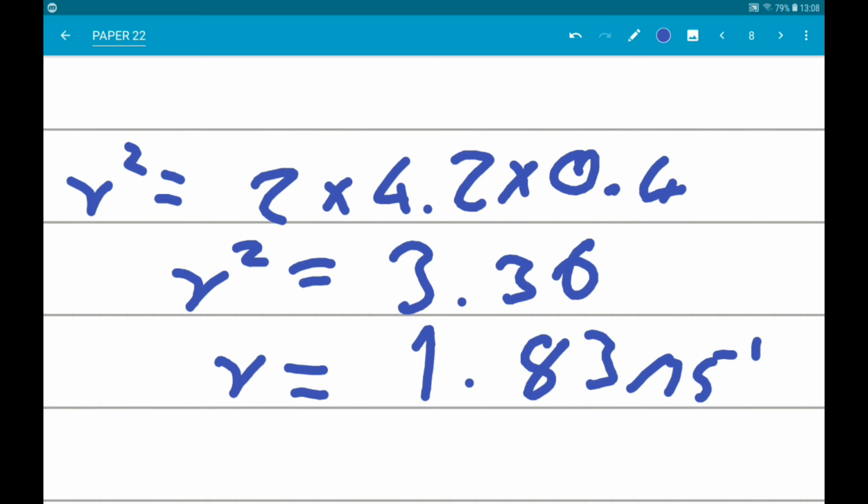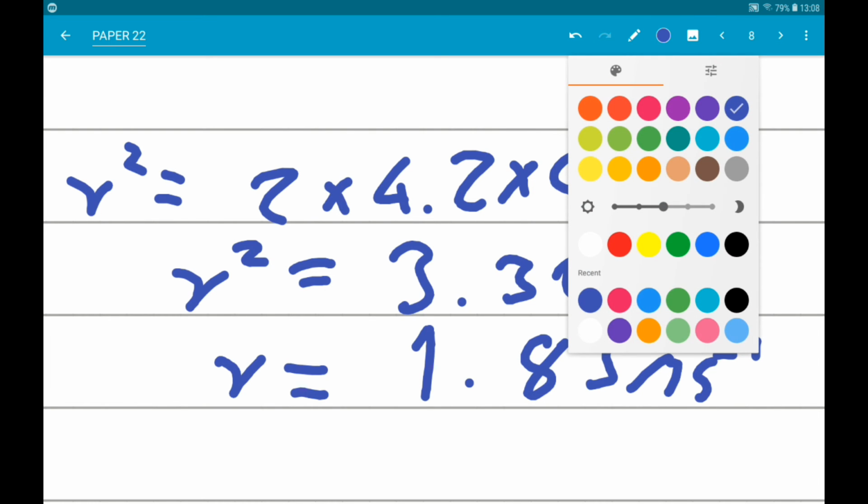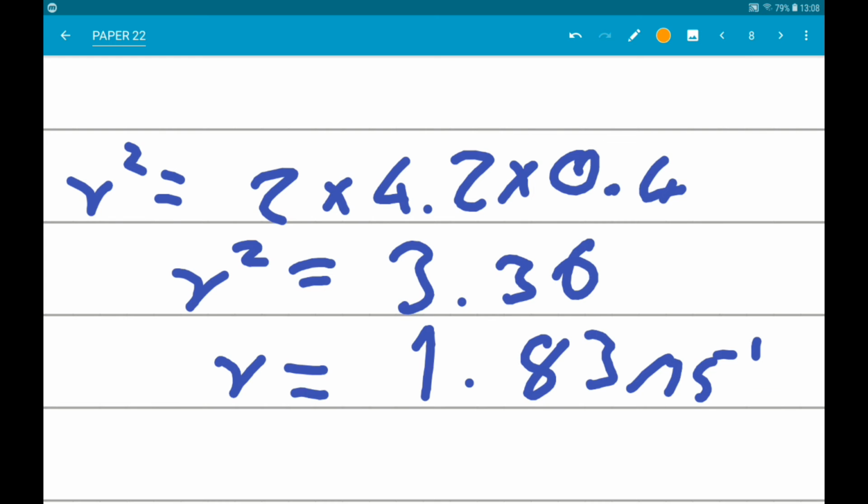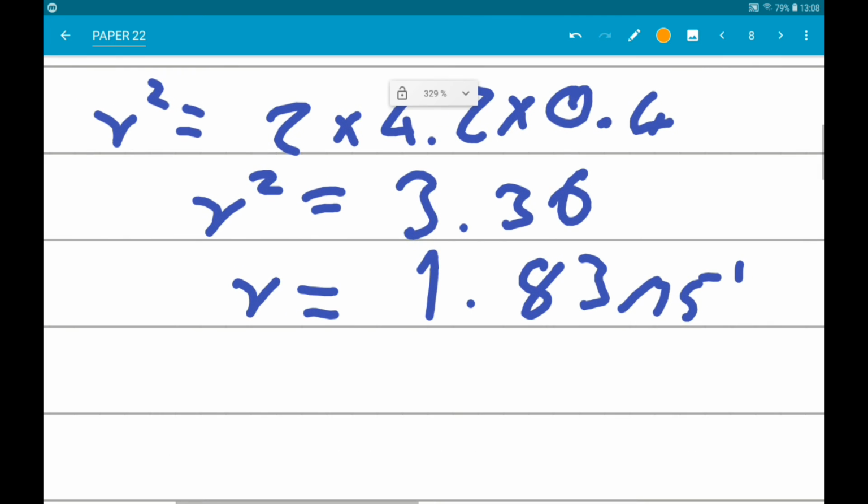So what we now need to work out is how long does it take P to travel 1.1 meters going at 1.83 meters per second. So, we know speed is distance over time. Time is distance over speed.